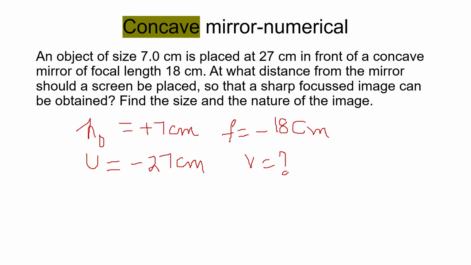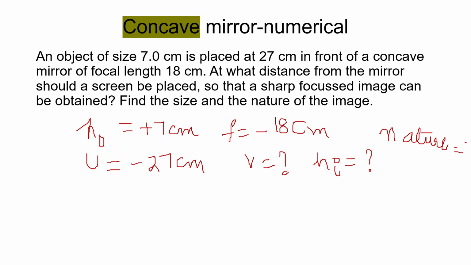Now find the size and nature of the image. So size will be HI, which is a question mark. Then nature. So you will write what is the nature of the image.